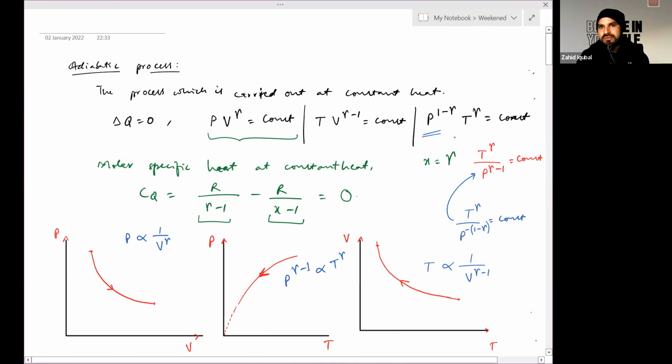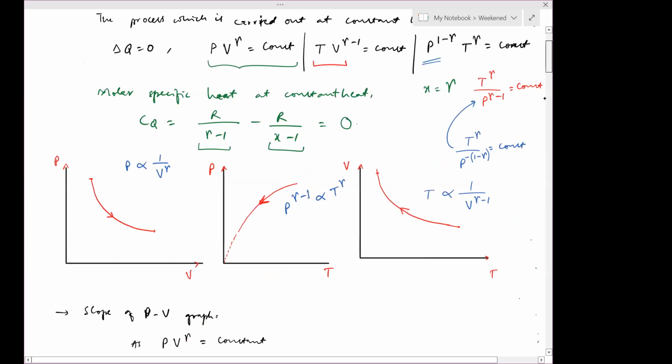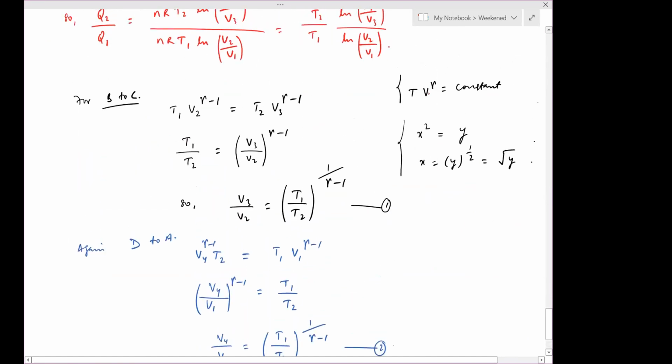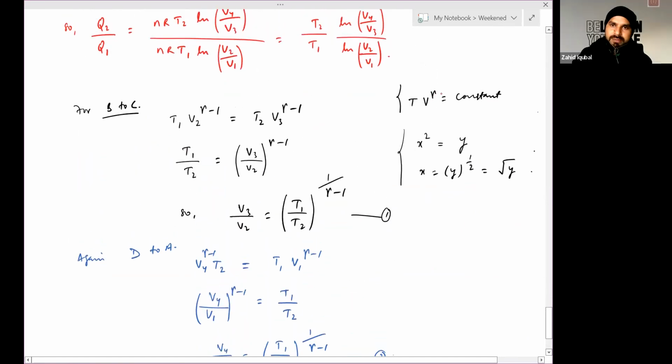And in terms of pressure, it will be P to the power 1 minus gamma T to the power gamma equals constant. So for an adiabatic process, we have these different equations of state. I'm just using the second one, TV to the power gamma minus 1 equals constant. Okay, Saifullah? Yes.